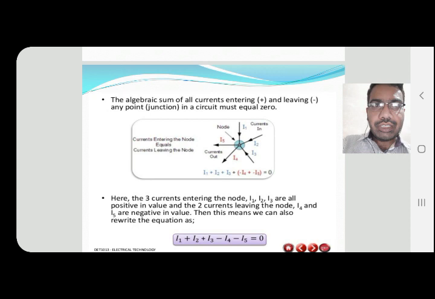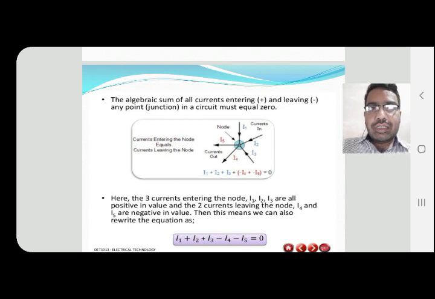So we can see in the diagram the currents I1, I2, I3 are entering the junction, right? Then the currents I4 and I5 are coming out of the junction.